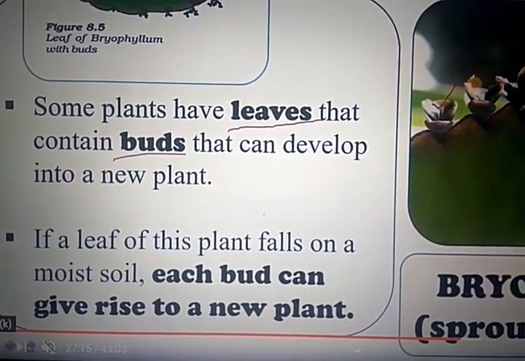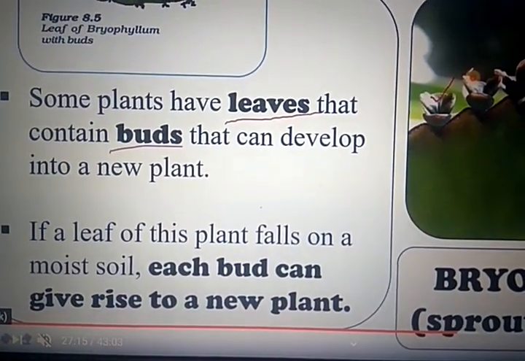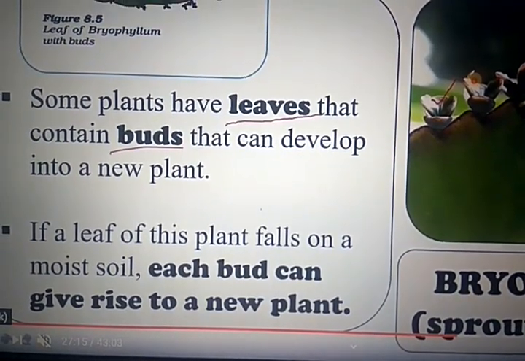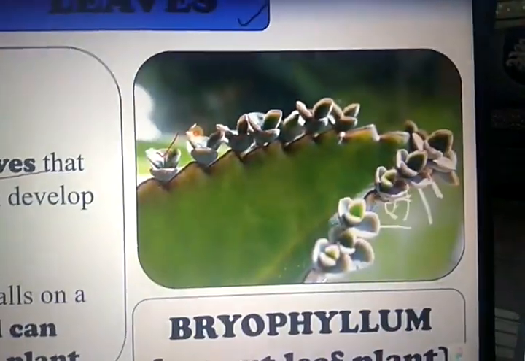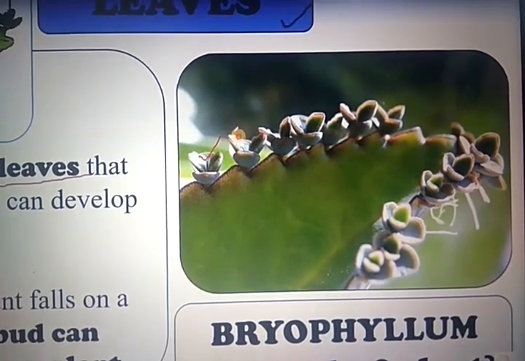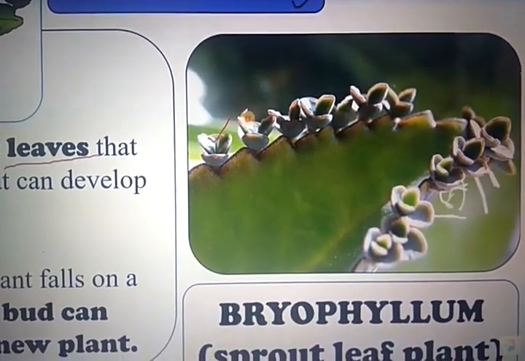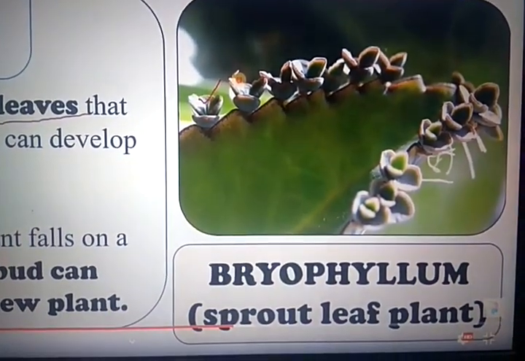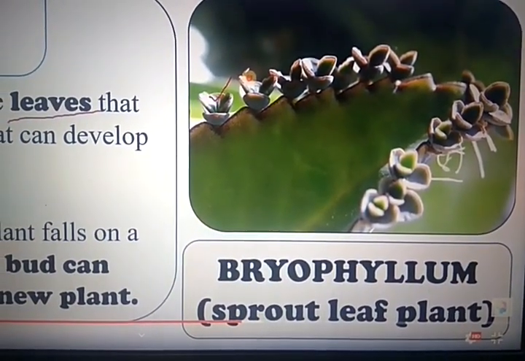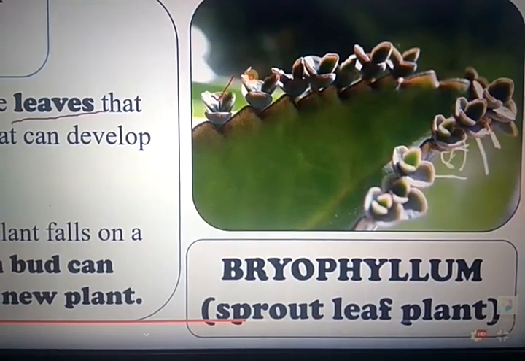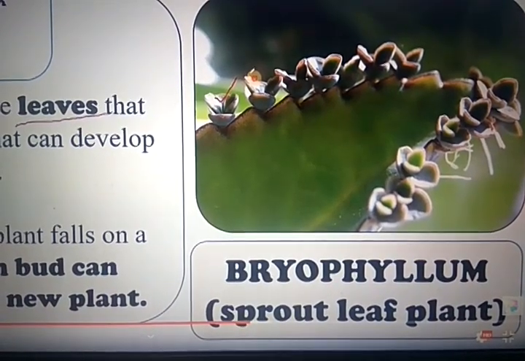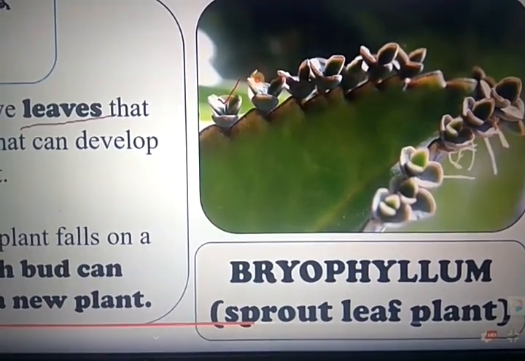If a leaf of this plant falls on moist soil, each bud can give rise to a new plant. You can see, on the marginal part of the leaves, Bryophyllum sprouts. This is asexual reproduction.